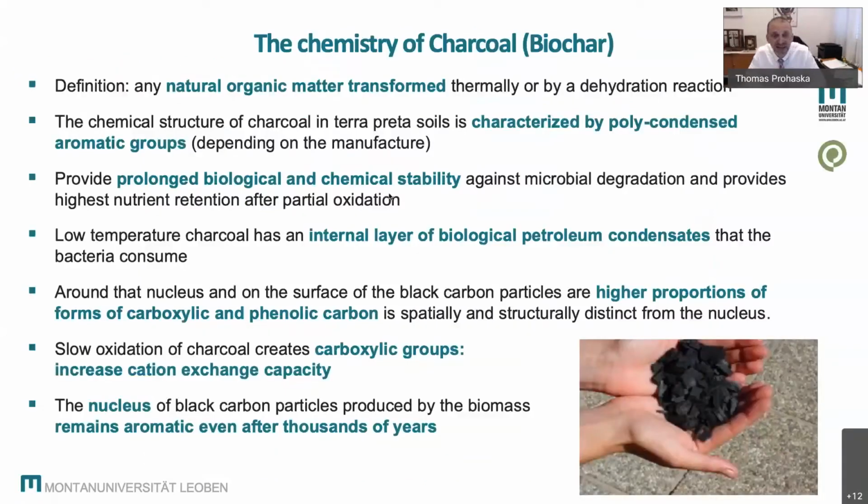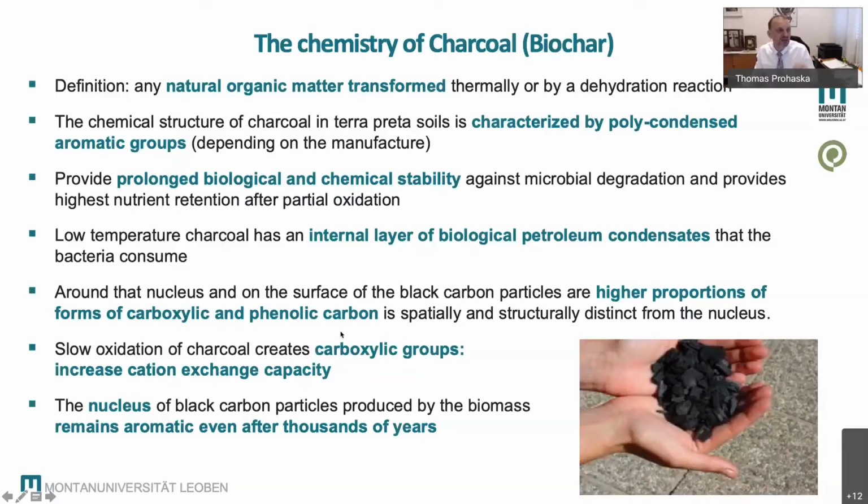So when we look at this type of carbon, which is basically biochar, it has specific chemical compounds. It is characterized by polycondensed aromatic groups, and it has a very long biological and chemical stability. What is also interesting is that oxidation of the surfaces produced during the thermal process produces higher proportions of carboxylic and phenolic carbon on the surfaces.